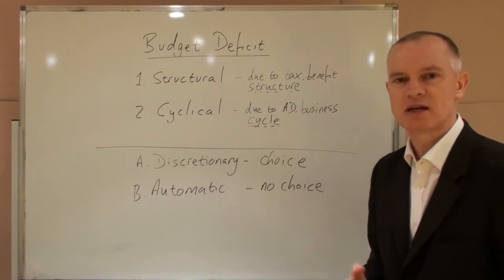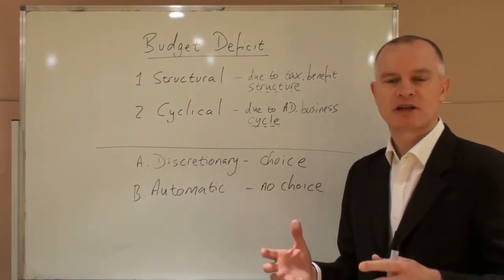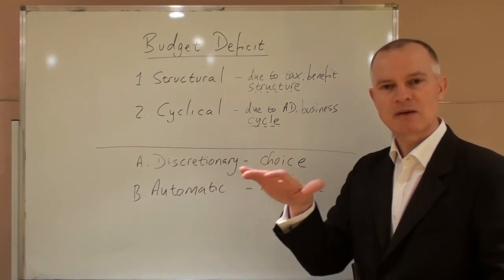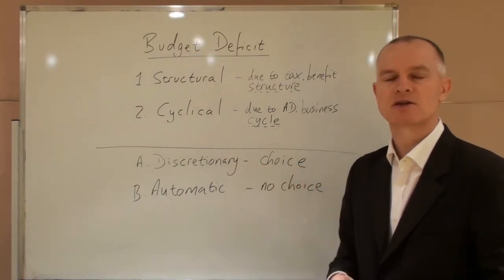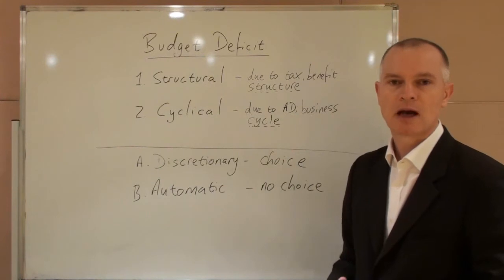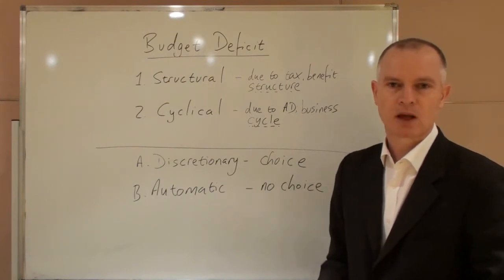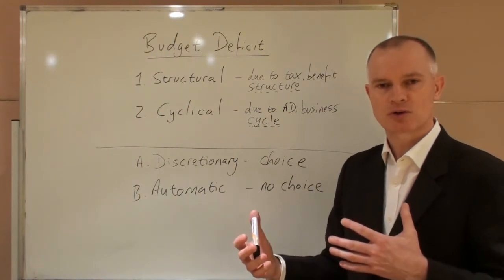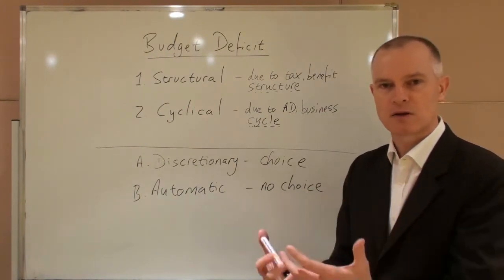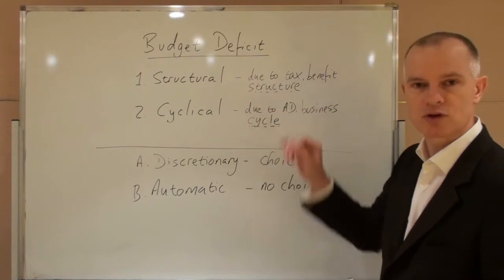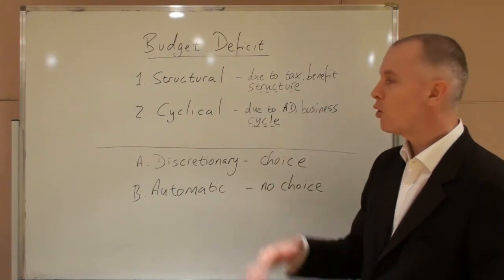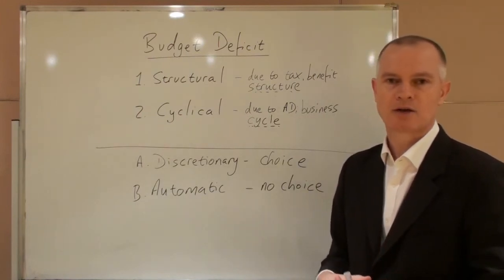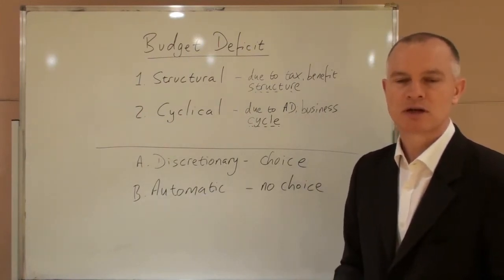A way to see whether a given budget deficit is structural or not is to examine the position of the government finances when the economy is growing at its trend rate. In such a case, any budget deficit which occurs should be because either the government has got too generous a benefit system or has got too small a tax base, and as a result tax revenue is not high enough.